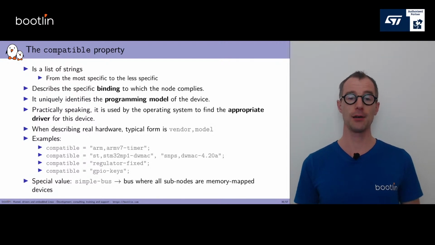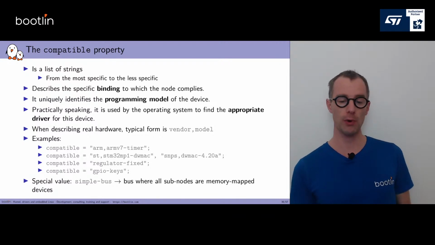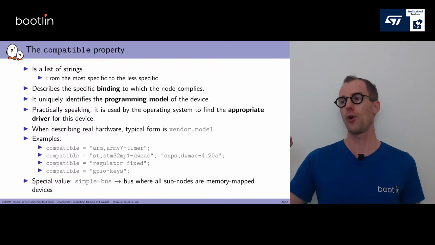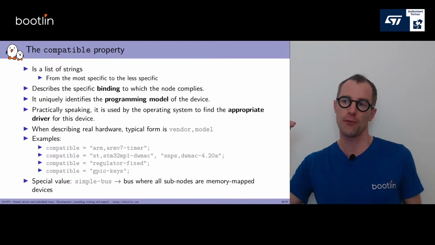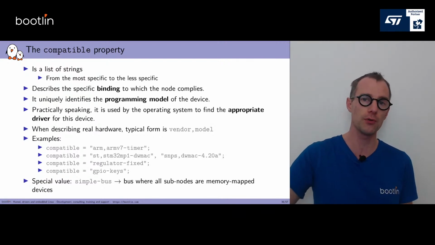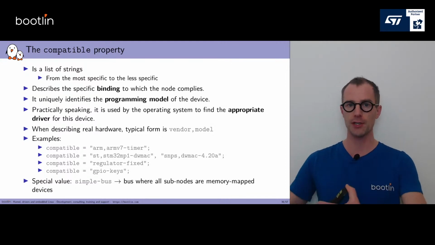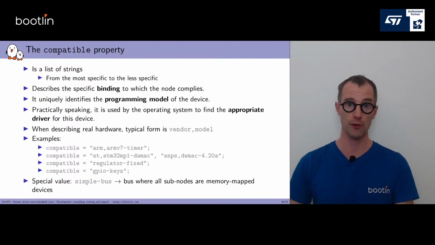The two last examples are not really real hardware. Regulator fixed is to represent a fixed voltage rail on your system, like you have a fixed 5 volt or 3.3 volt voltage rail, and that you need to represent in a device tree for other devices to use as a source of power. You can use that compatible string.